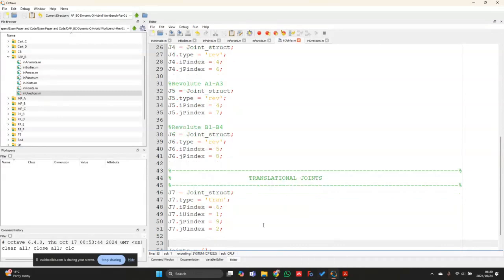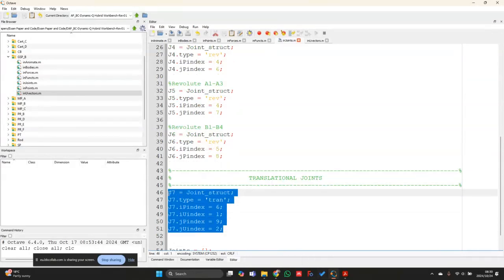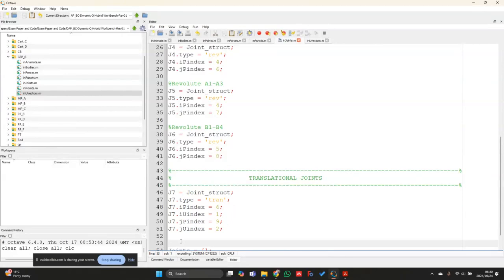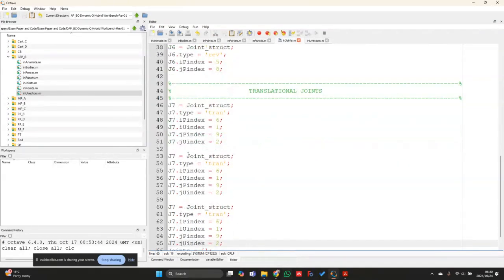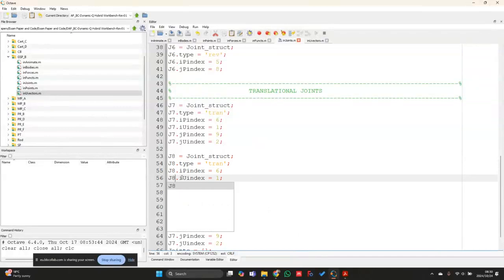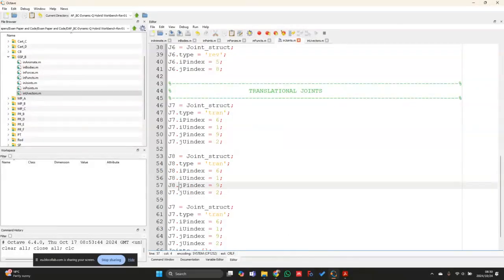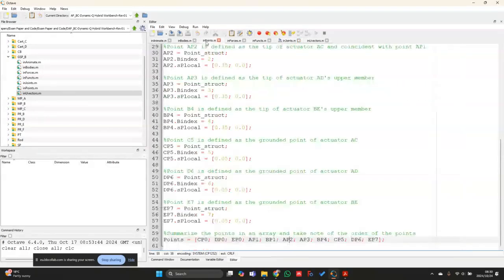Okay, so now I'm just going to do the same for the other 2 translational joints. Just going to create copies of these, and then I just update this to J8. And then I just go and check the IP, JP indices, and then also the IU and JU indices.